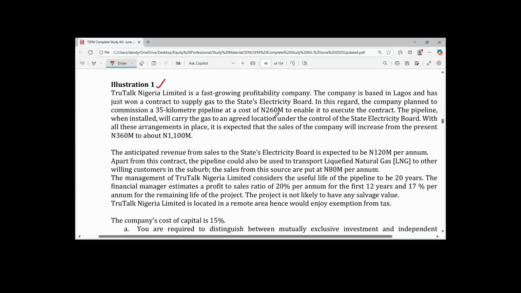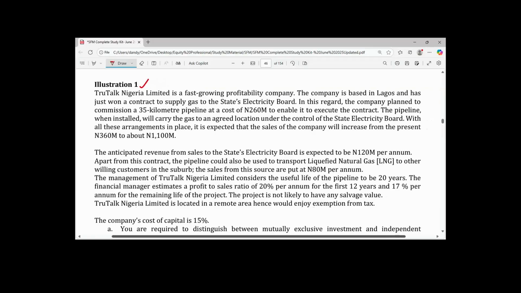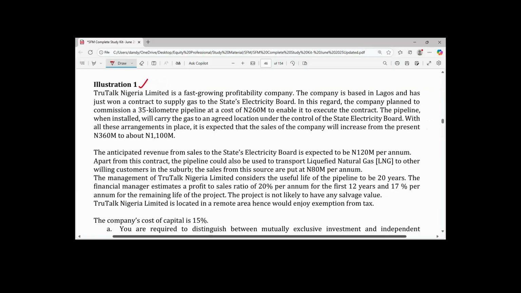True Talk Nigeria Limited is a fast-growing profitability company. The company is based in Lagos and has just won a contract to supply gas to the State Electricity Board. In this regard, the company plans to commission a 35-kilometer pipeline at a cost of 260 million naira to enable it to execute the contract.